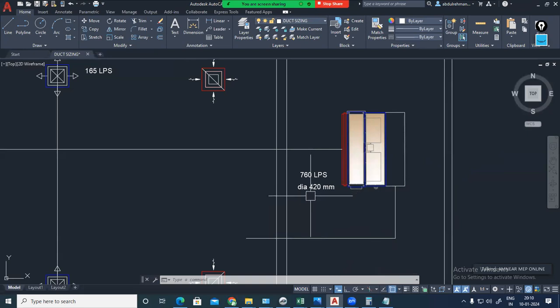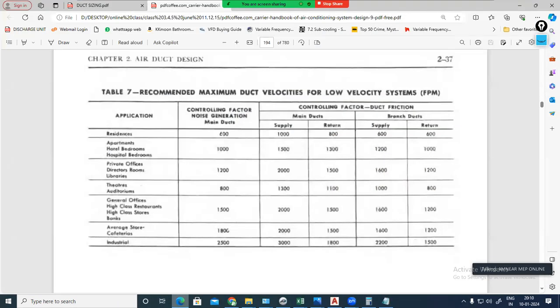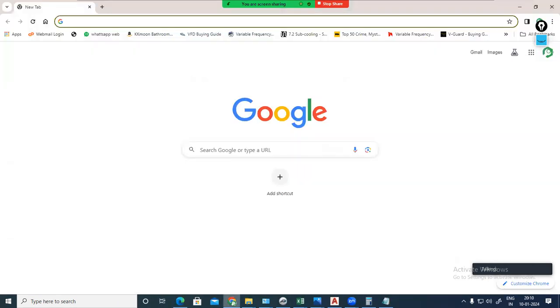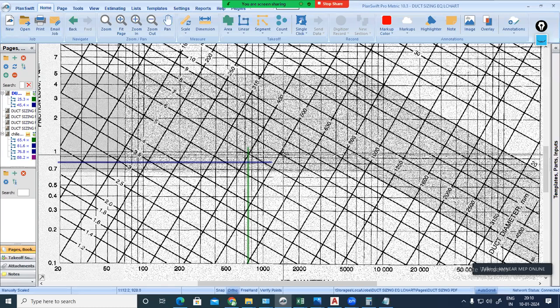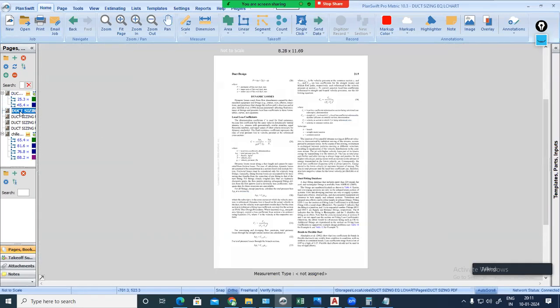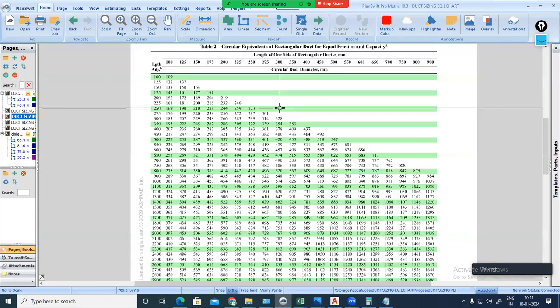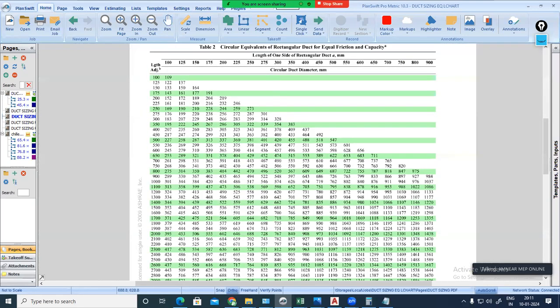I need rectangular duct. For rectangular duct, ASHRAE has provided a table in the Fundamentals, just below this. In this table: circular equivalent of rectangular duct for equal friction and capacity.